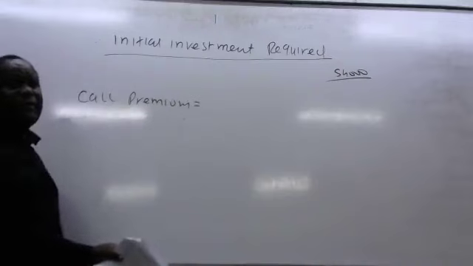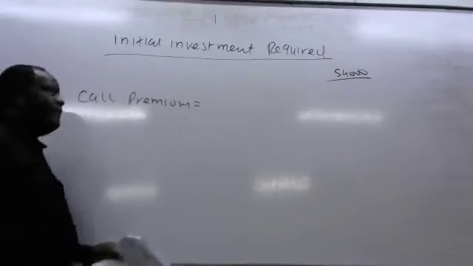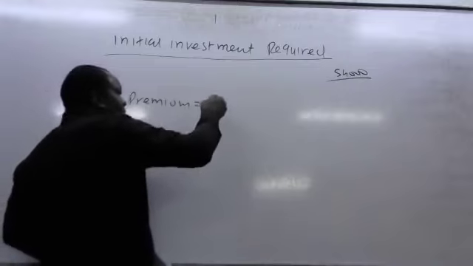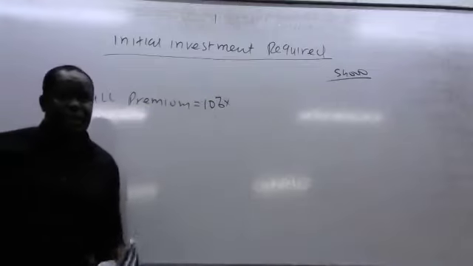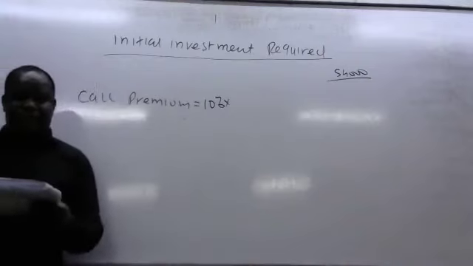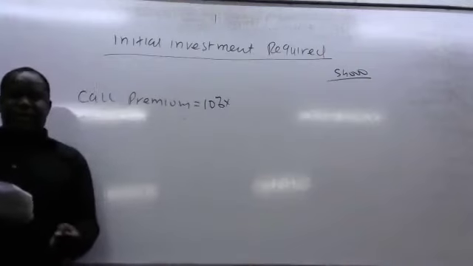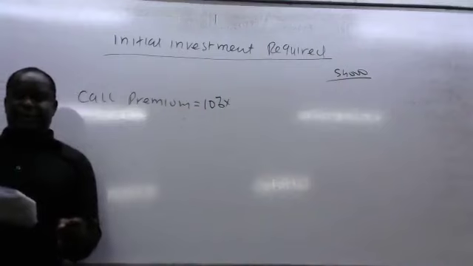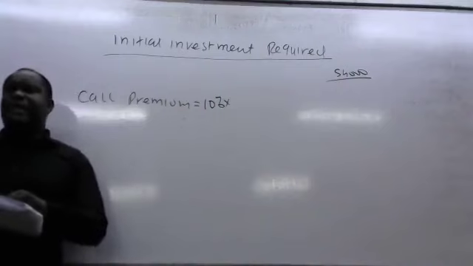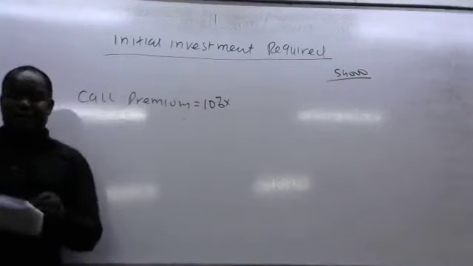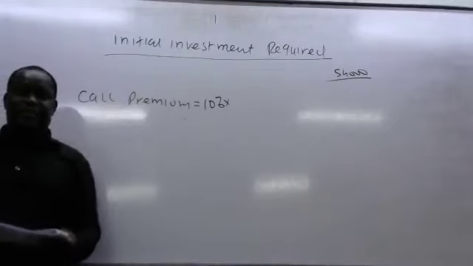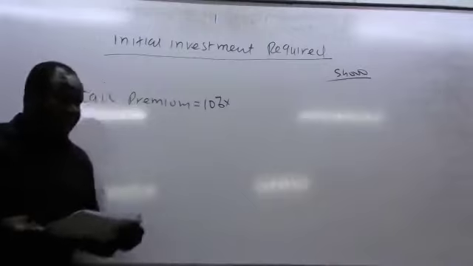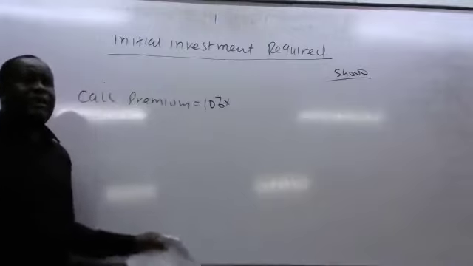It is 10% of the par value of the old bond. When you go to the first paragraph, you are told that the motor vehicle assembly company issued 10-year, 16% shillings 100 million par value. So we shall be getting 10% of the 100 million.